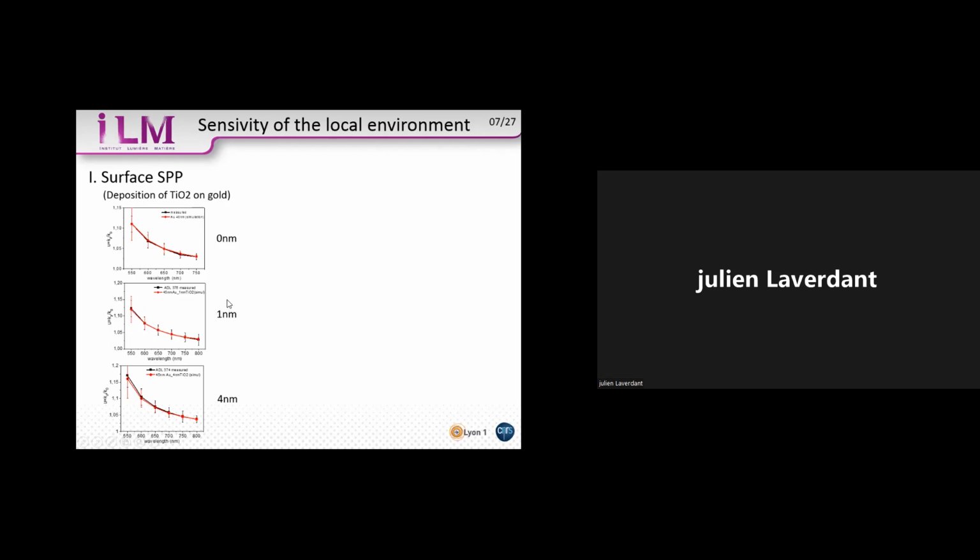And according to the shift, you can deduce the amount of material you put onto your gold surface. So it's very sensitive. And if you increase more, you have 4 nanometers here. You see that the shift is increased. So this is one way to show you that the plasmon onto this gold surface is very sensitive to the local environment.